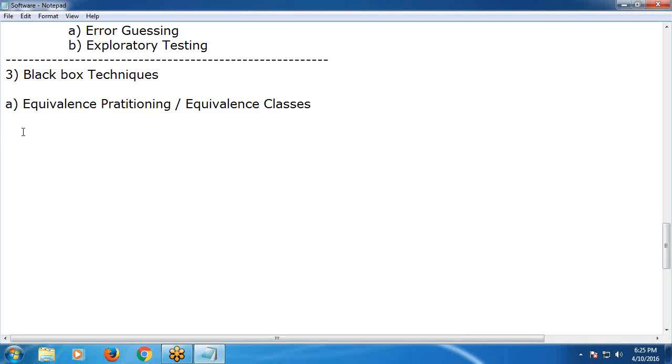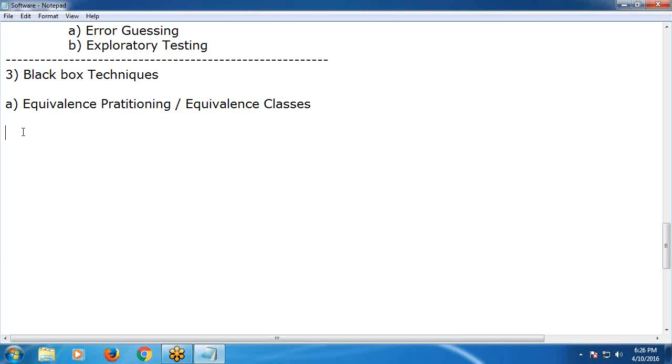In equivalence partitioning, inputs to the software are divided into groups that are expected to exhibit similar behavior. Equivalence partitions or classes can be found for both valid data and invalid data.